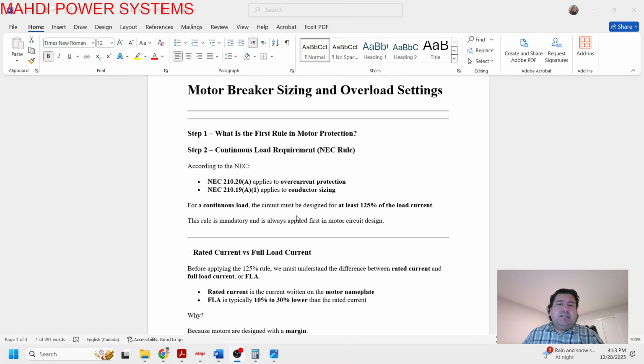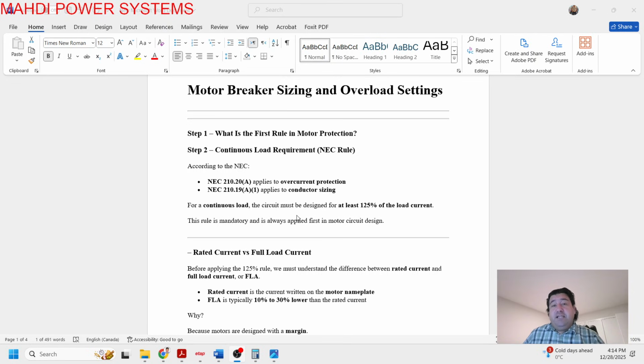Let's discuss two concepts: full load current and rated current. What is rated current, and what is full load current, FLA? The rated current is written on the nameplate of the motor, or you can find it in the specification sheet.